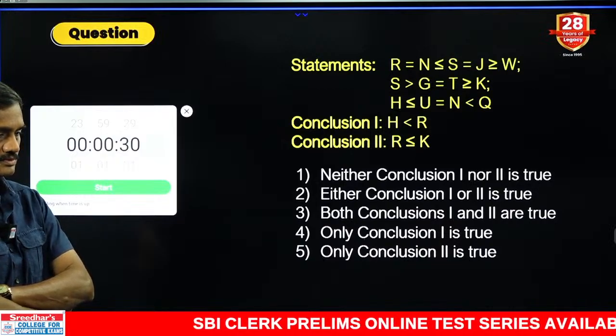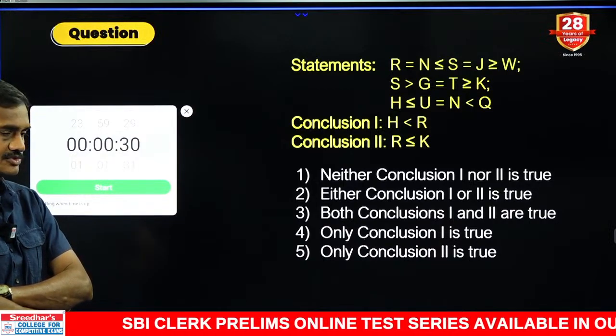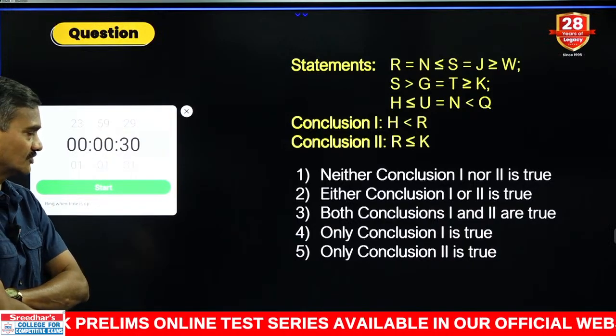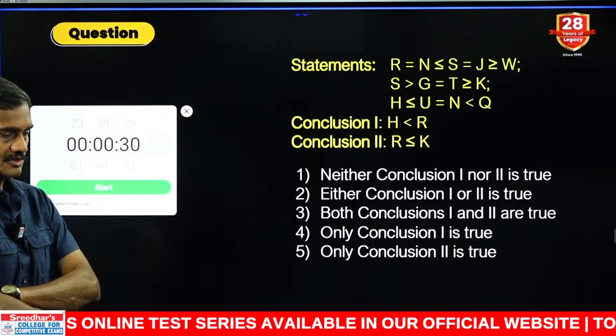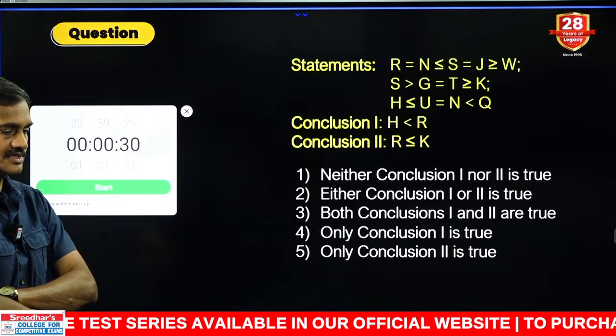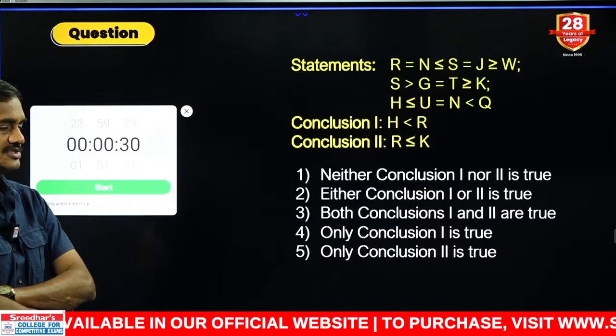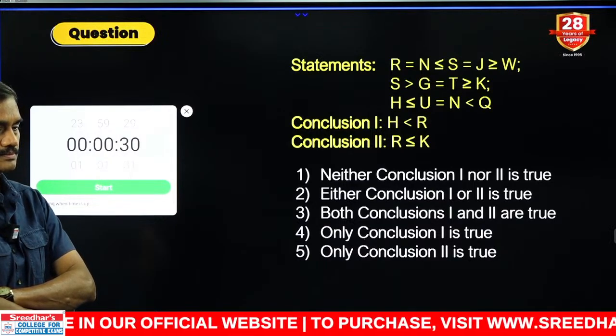Neither, good. Neither, that is choice 1. Some of you are getting choice 2, some choice 4. Clear? In inequalities you should not get choices wrong, because this is the easiest of all the topics, isn't it?